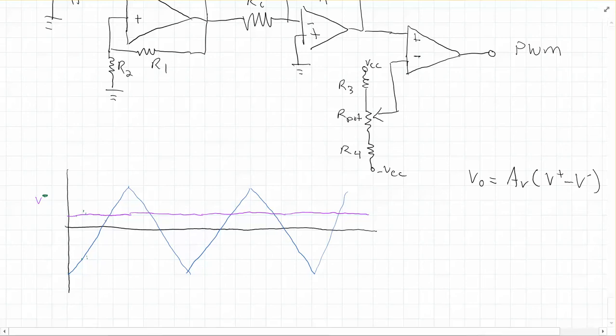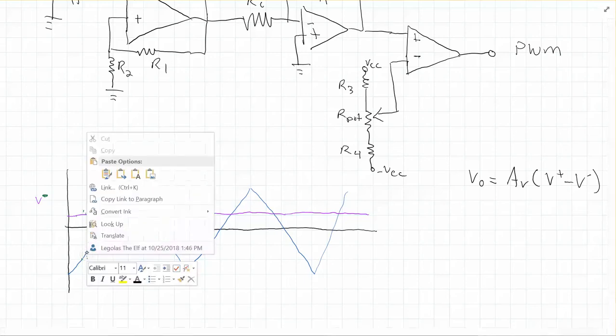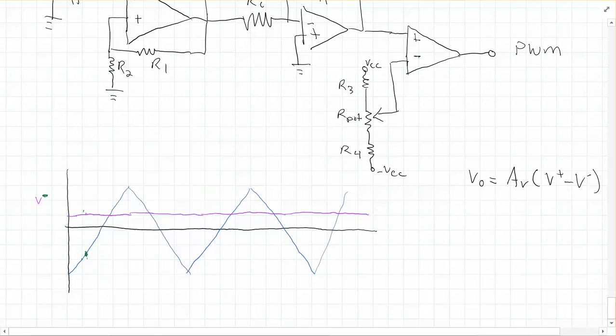In this region right here, this is a negative voltage, which is my V plus, minus the negative terminal voltage, which is positive. So this is just going to be negative times my large signal voltage gain. So I'm going to saturate at the negative power supply. So I'm saturated down here.